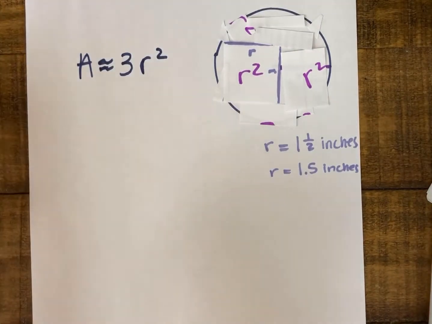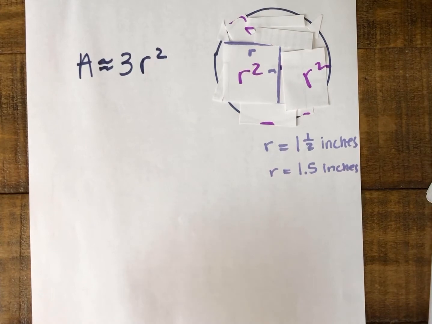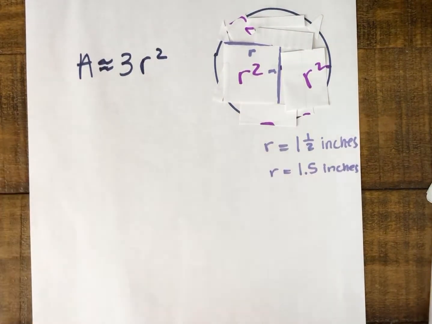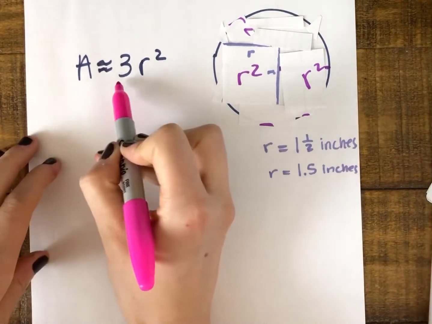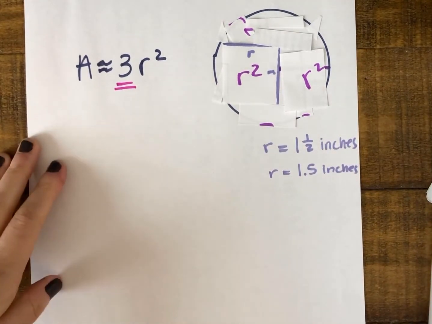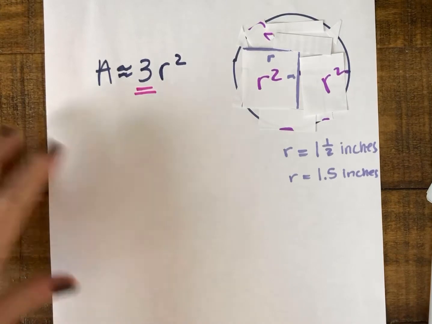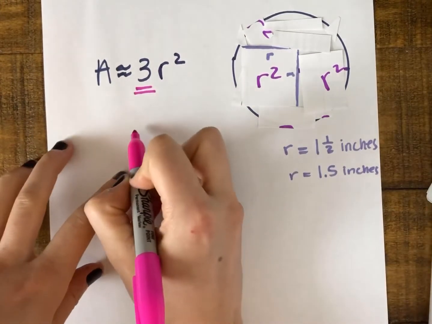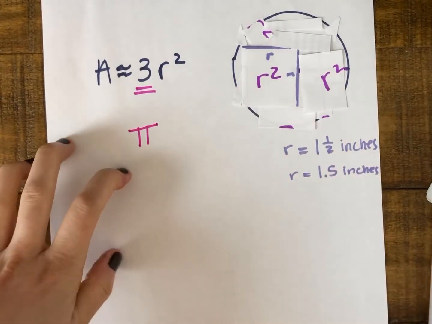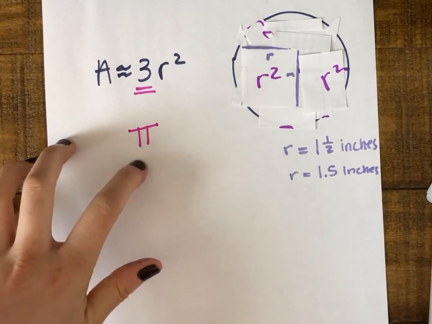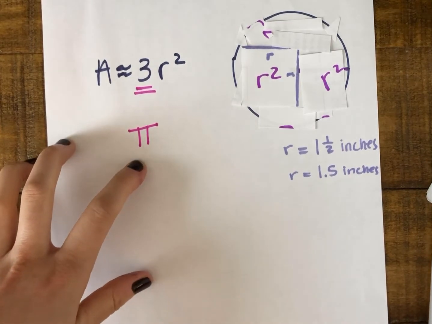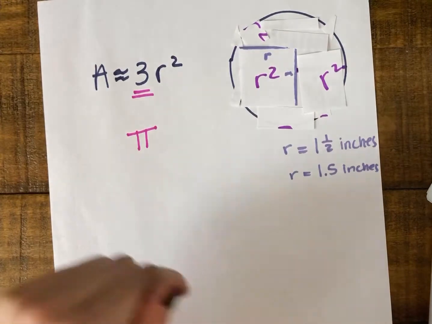From our activity last week about circumference and from the Desmos you just did, you're probably saying, well, it's not exactly 3 of those radius squares. It's actually going to be that magical pi. It should take us exactly pi, or a little more than 3, of these squares to fill our area.